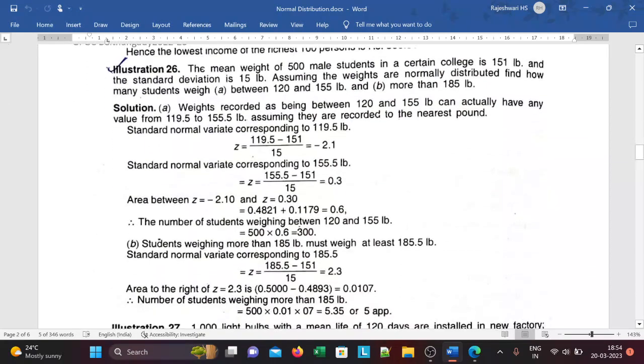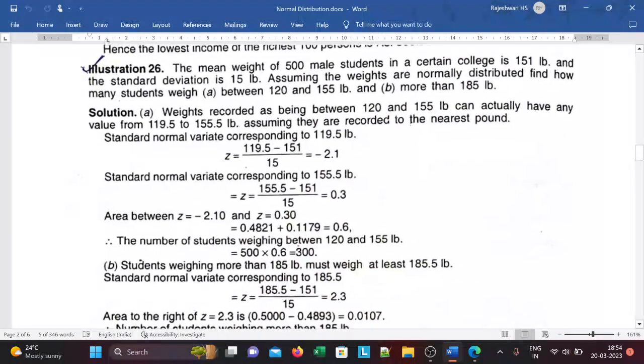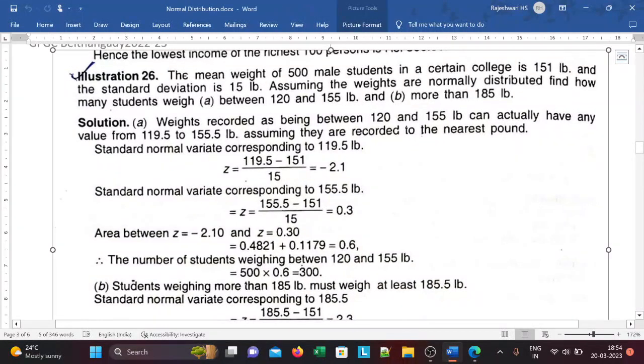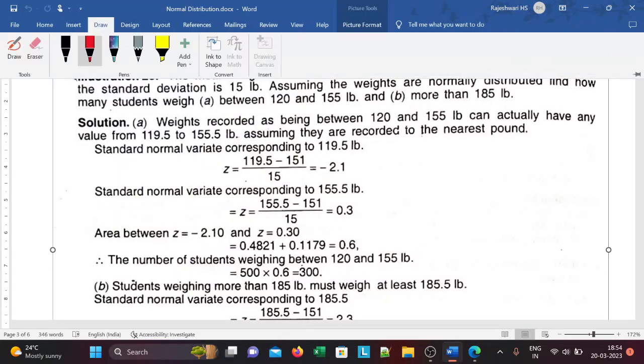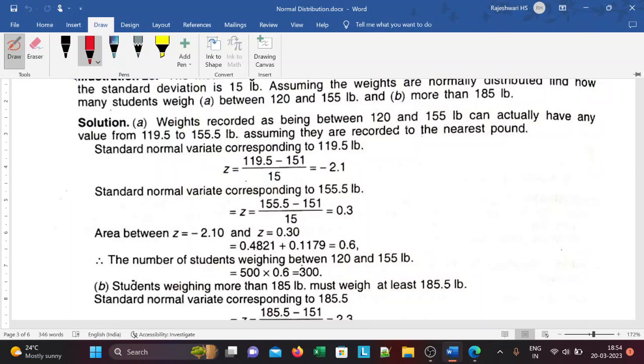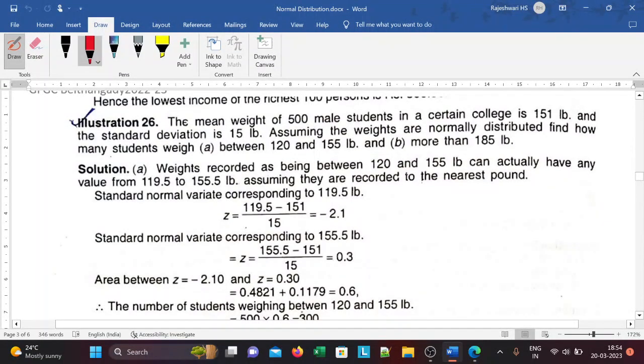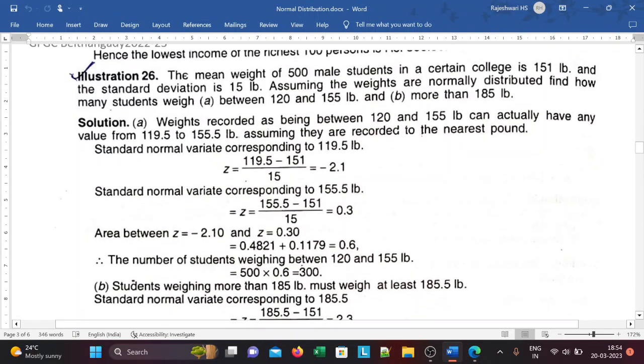See here, the mean weight of 500 male students in a certain college is 151 pounds. That means they have made a small survey, and in that survey they interviewed 500 male students.